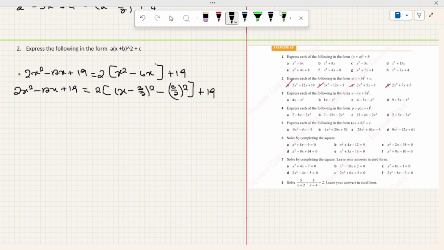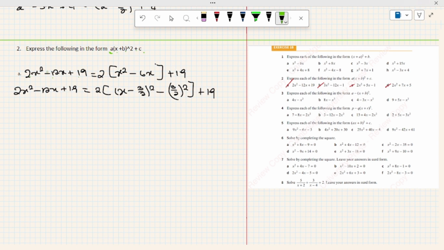Let's go over and explain. I'm told to complete the square. I have 2, 12 and 19, and I need it in the form a outside, (x plus b) all squared, plus c.